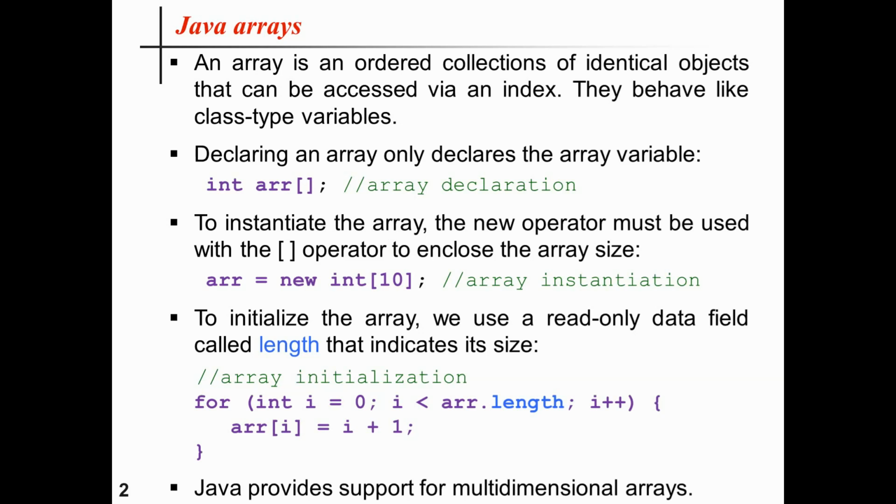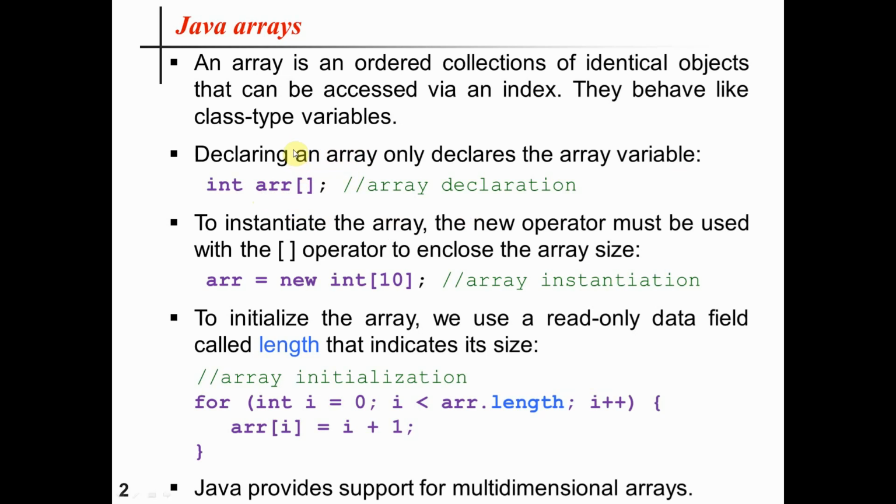So now to declare an array, we have to declare the array variable. Say for example, if we are having an integer type variable named arr, that can be written like int, then the name of the array, then the square brackets. So that will be giving you the array declaration.